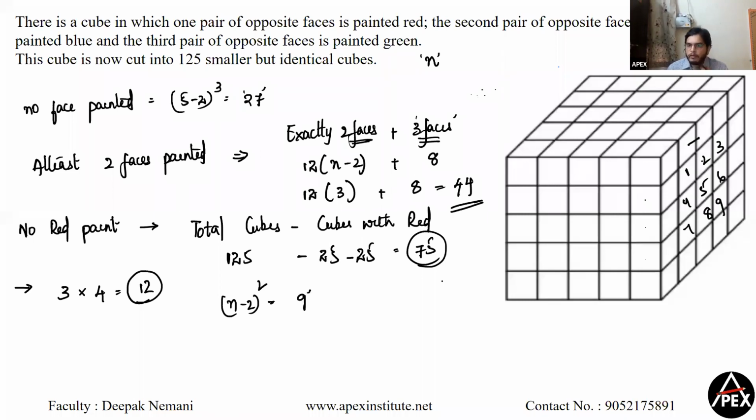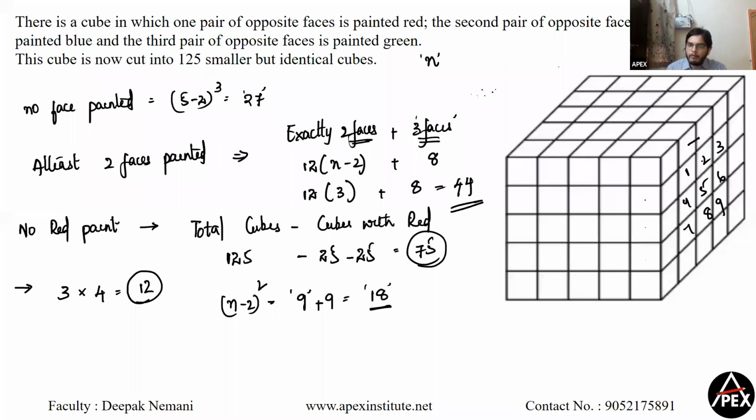You have 9 cubes painted with only green color on one face, and you also have one more face painted with green color. So in total, you will be having 18 cubes painted with only green color.